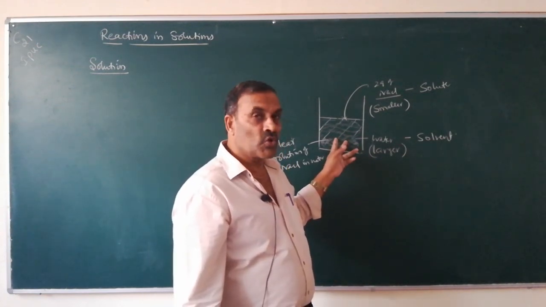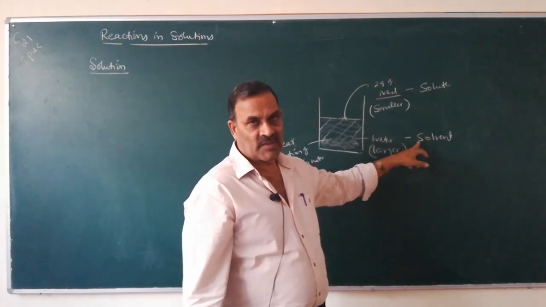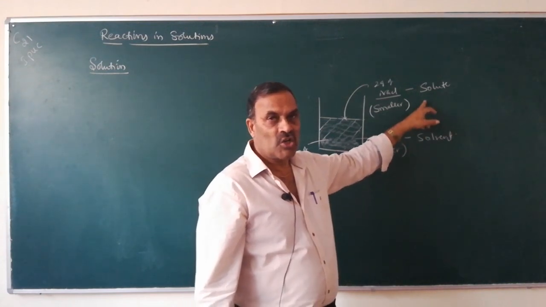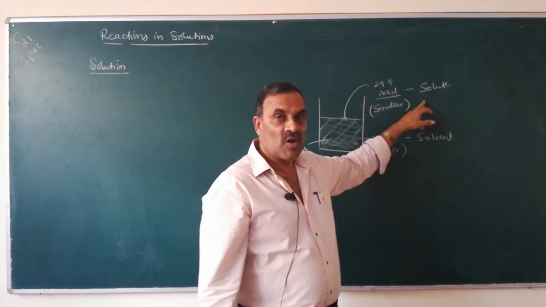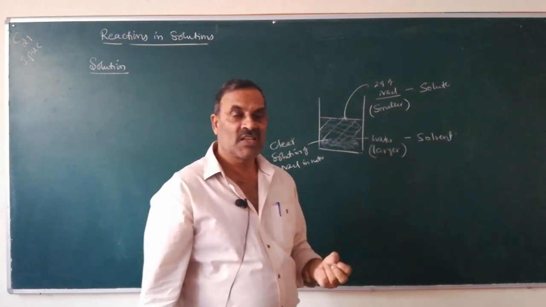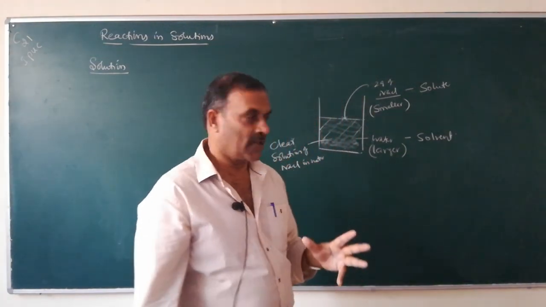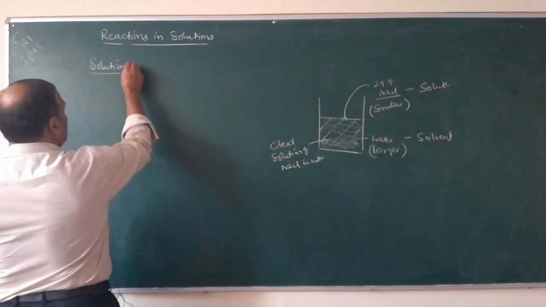A solution is a homogeneous mixture of solute and solvent. Solute is the substance present in smaller proportion and solvent is the substance present in larger proportion in a solution. Understood? So write down what is a solution.